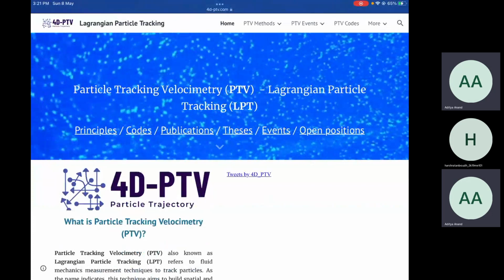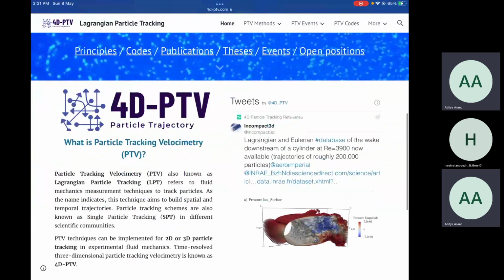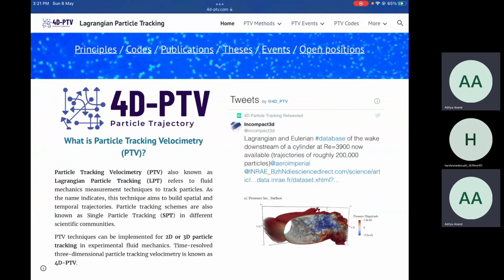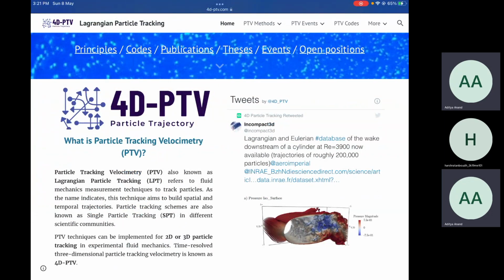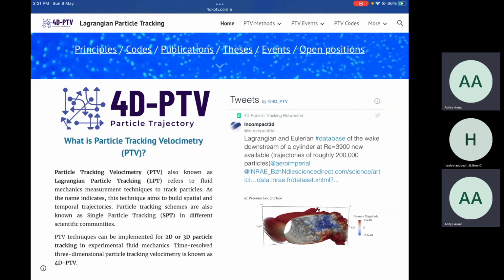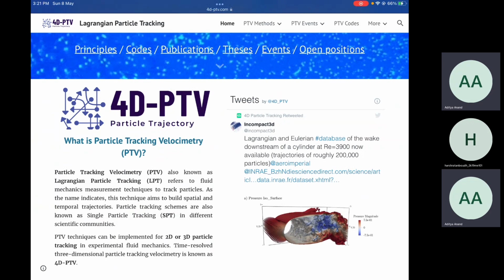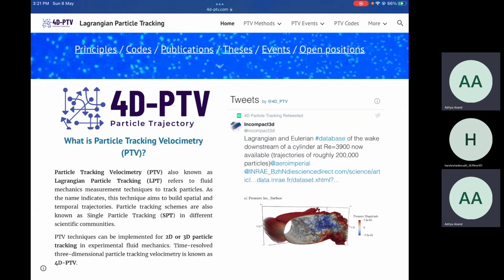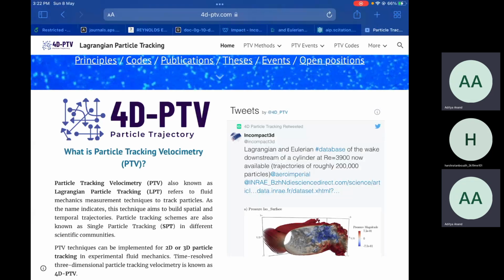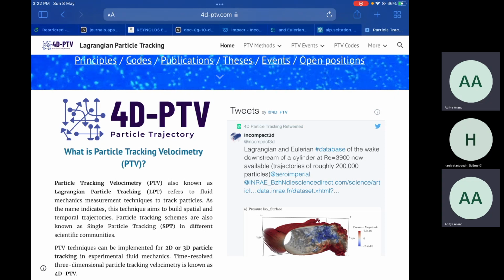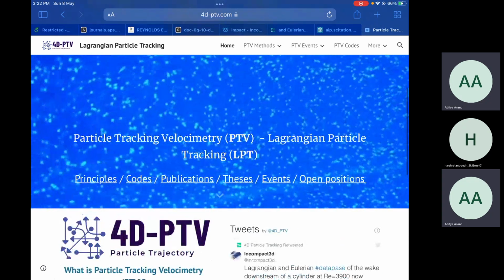4DPTV is basically particle tracking velocimetry. I think it is used extensively by people who do PIVs. So when you do PIV, you have your snapshots, you have your particles seeded like in the image here.